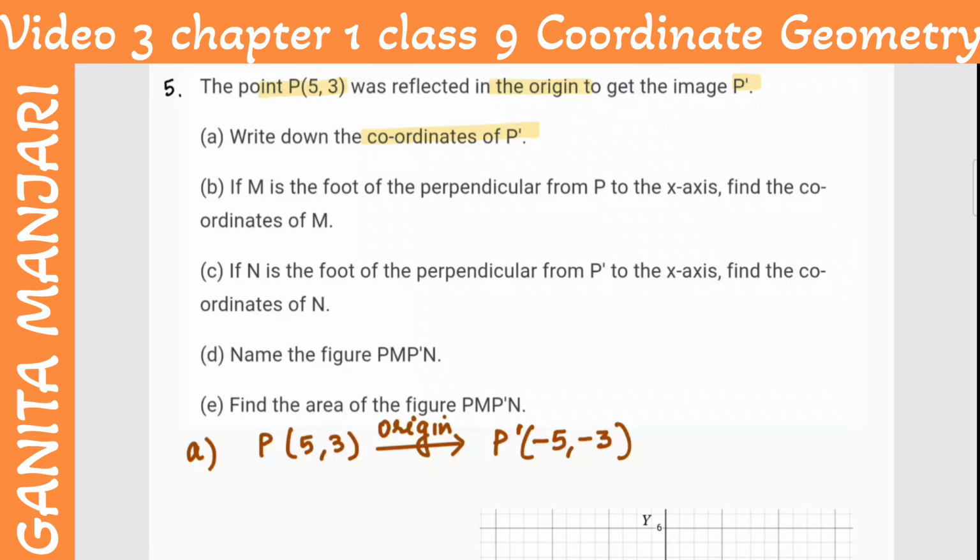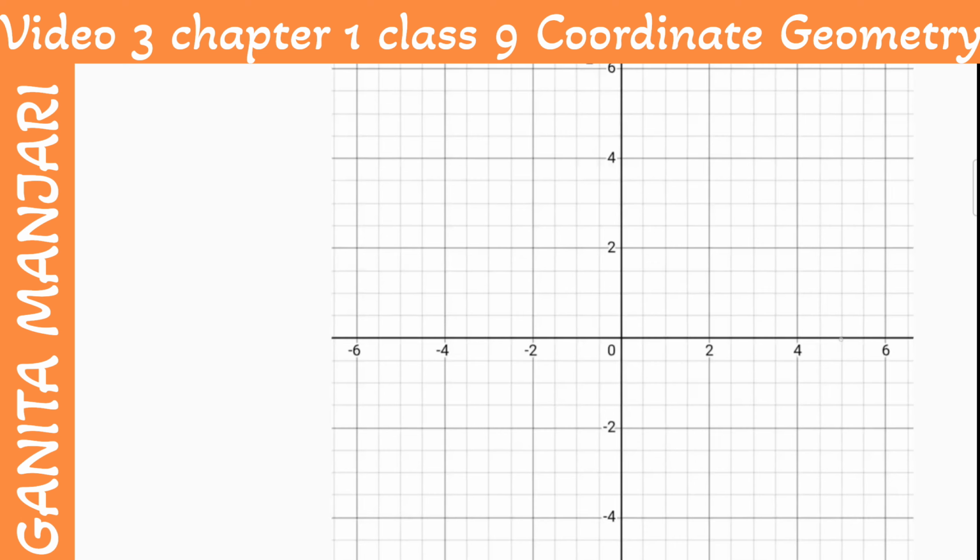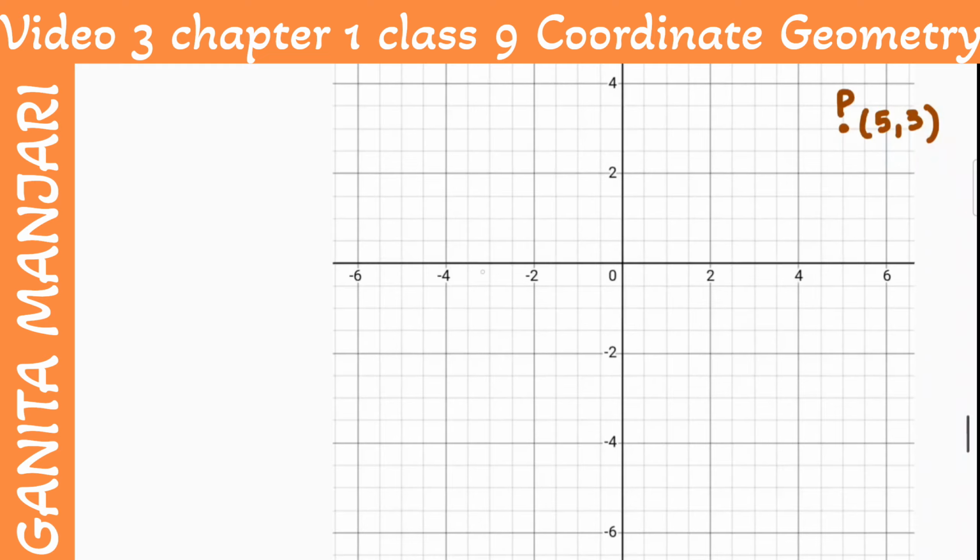So first we draw 5, 3. Here you can see this is the point 5, 3. This is point P. Now it is reflected about the origin, means it changed to -5, -3. So here it is P dash, -5, -3.